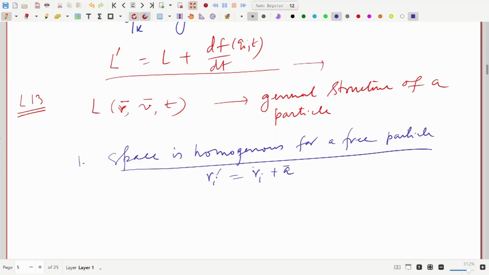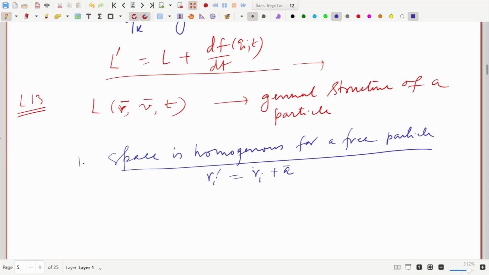A free particle will move in a straight line, and if no external force disturbs it, it continues its motion in the straight line. So the dynamics does not depend on whether you choose your origin at 0 or somewhere else.